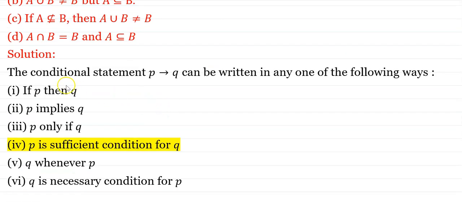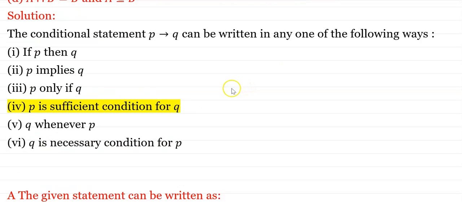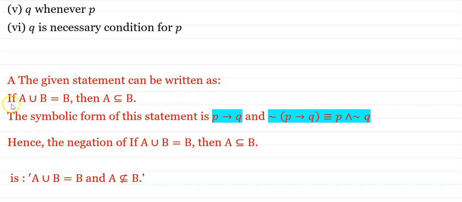The conditional statement P implies Q can be written in any of the following ways: if P then Q, P implies Q, or P is a sufficient condition for Q. It means that A union B equals B implies A is a subset of B, so we write: if A union B equals B, then A is a subset of B.